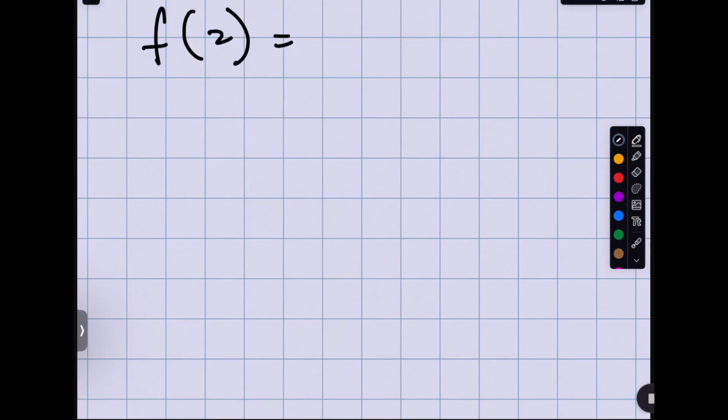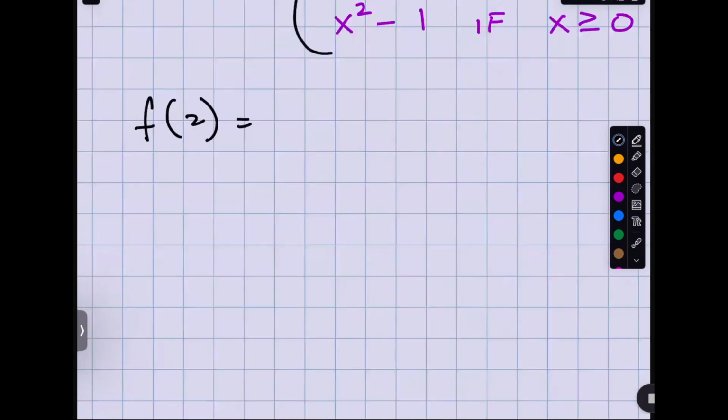What is it asking for?" How would you translate it for someone? You're looking for y. So what is the y value when the x value is 2? Everybody understand that?